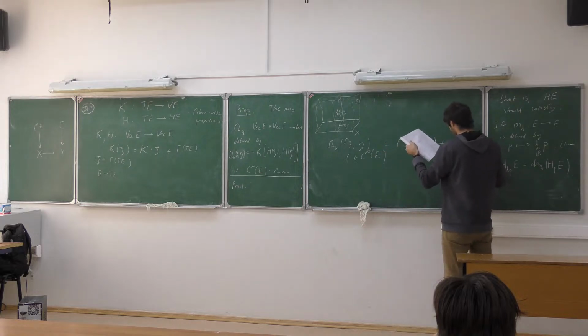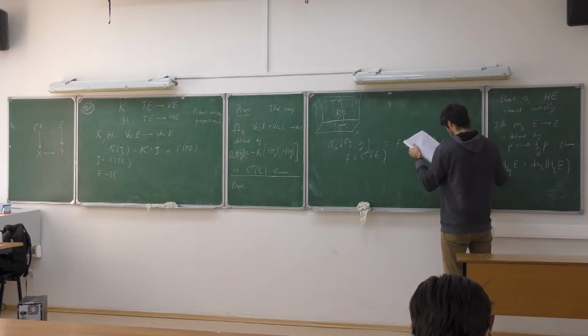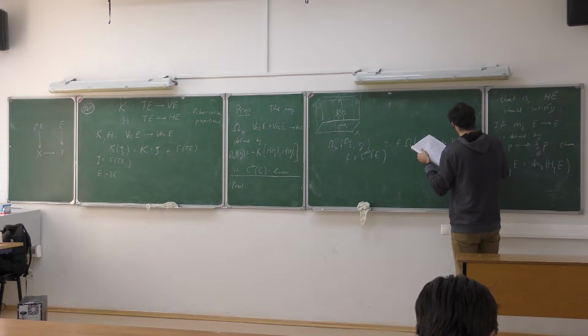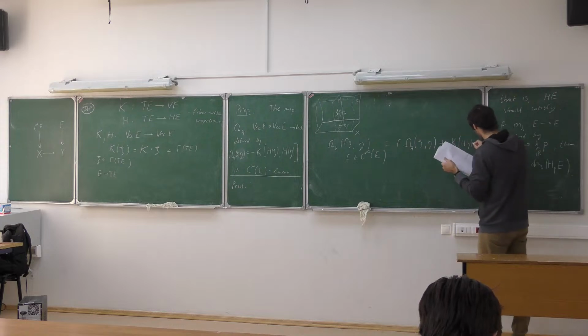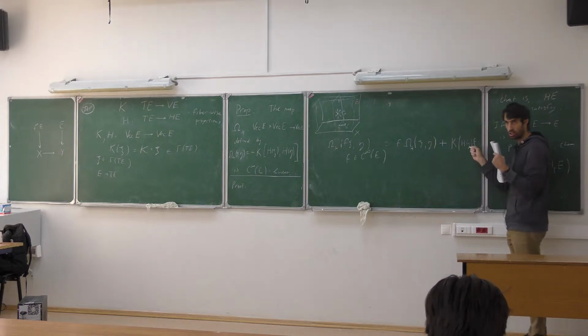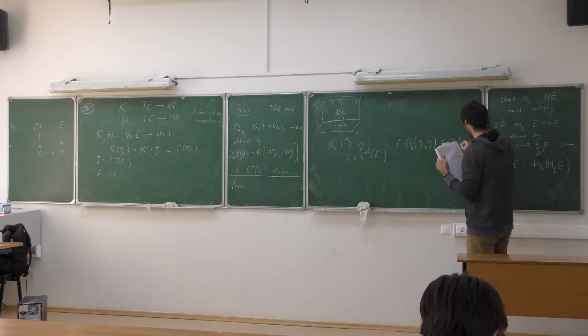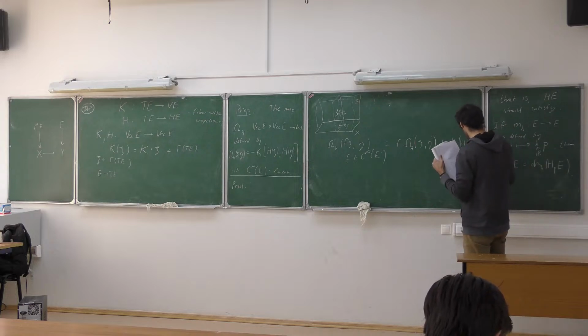So basically I will have K of H of eta applied to f. This vector field can act on functions, and it will give me another function, times H of psi.